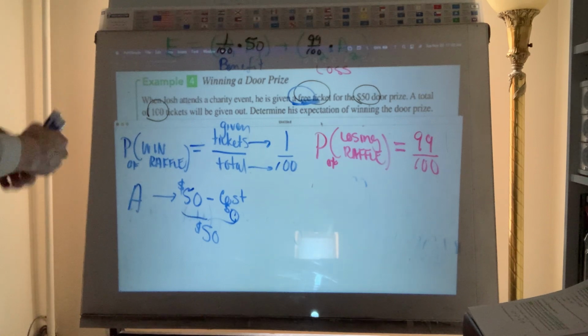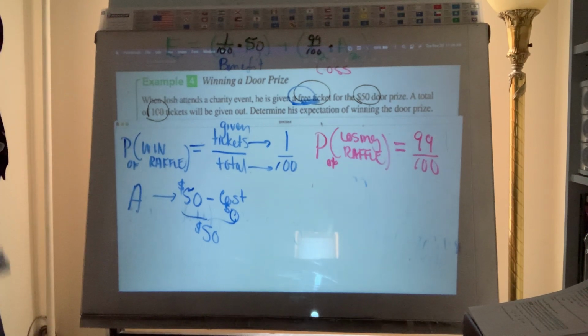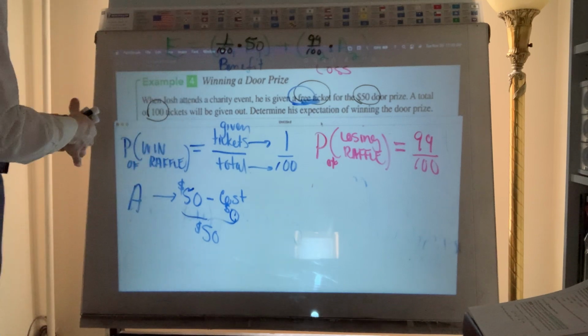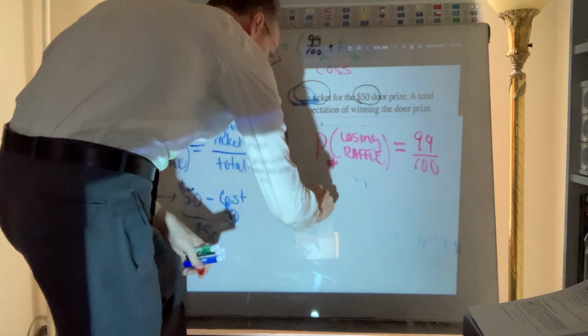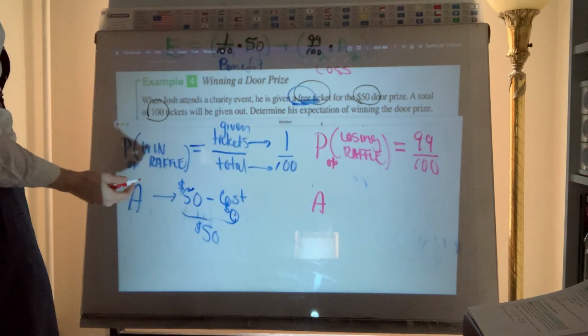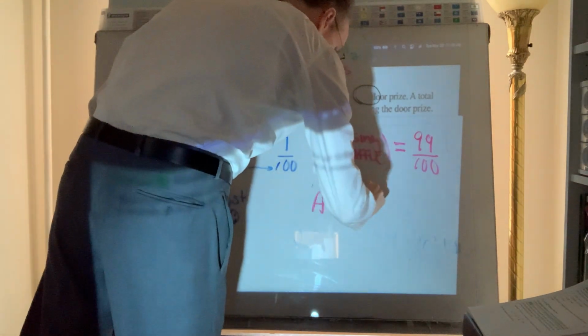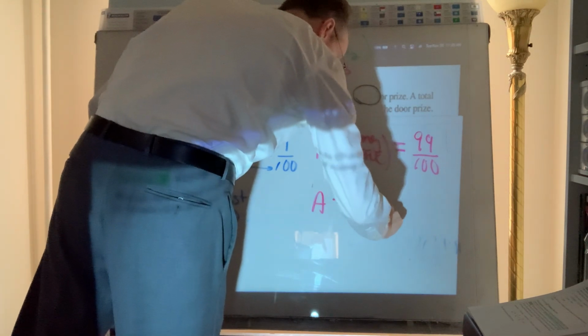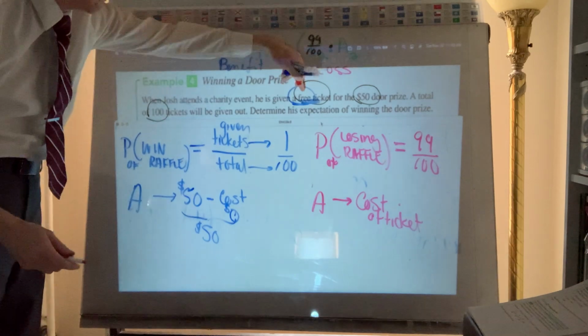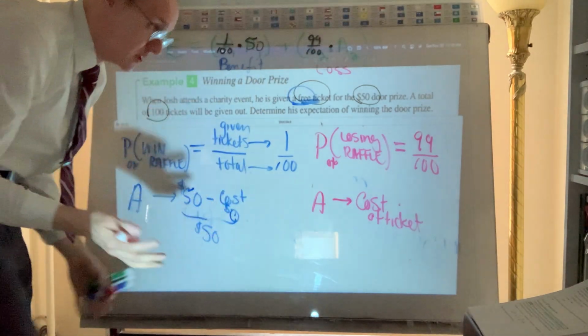All right. Then on the losing side, the amount associated with that would normally be the cost of the ticket. But again, in this unique situation, the person got a ticket for free. They didn't pay for anything.